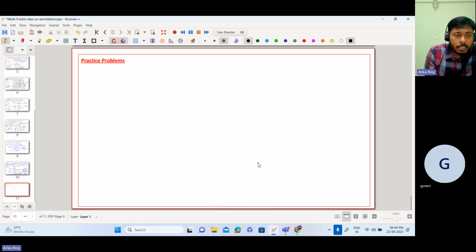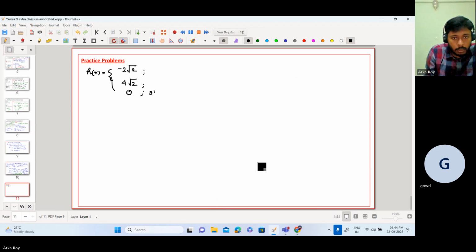So the question says that we have an h of n, which is defined as minus 2 root 2, 4 root 2, 0, and the range is given as 0 otherwise, and then n is equal to plus minus 1, and over here n is equal to plus minus 2.